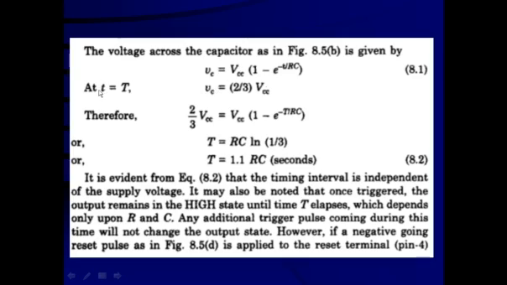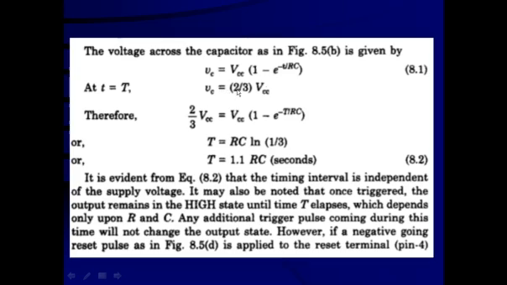Now you know that at time equal to T, when it goes from the unstable state back to the stable state, that time is the pulse duration T. At that time, the potential across the capacitor is going to be 2/3 VCC. So Vc is equal to 2/3 VCC.